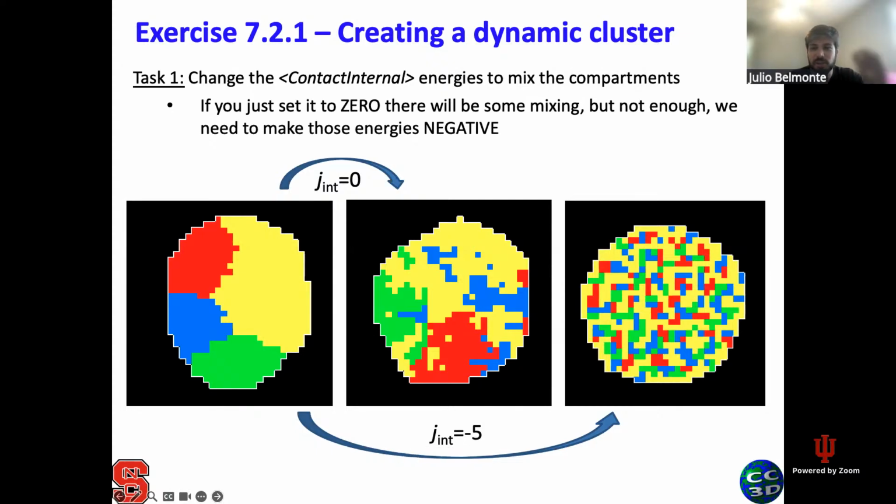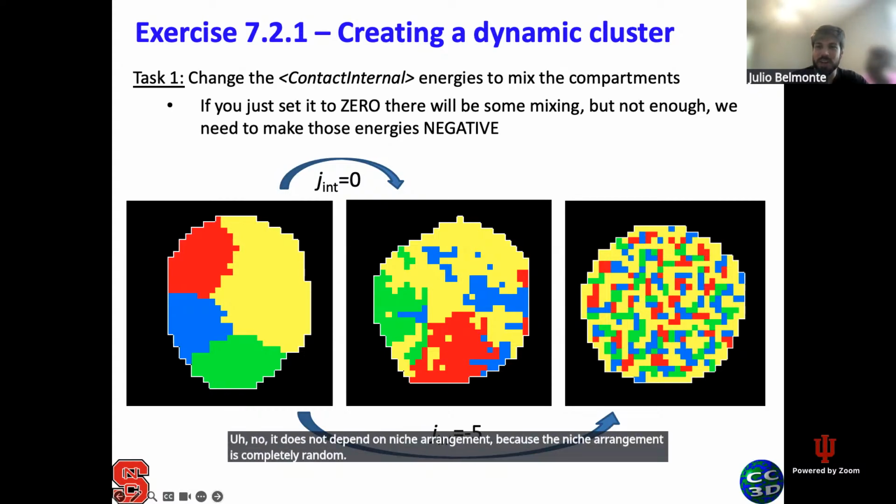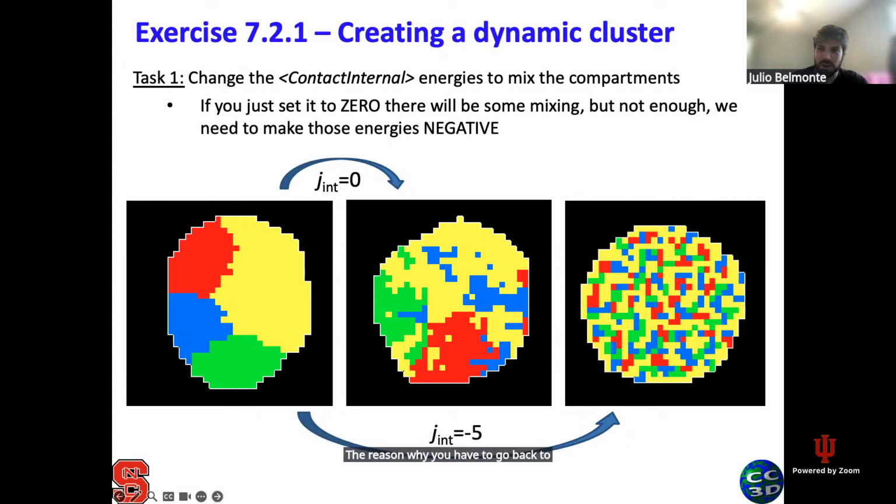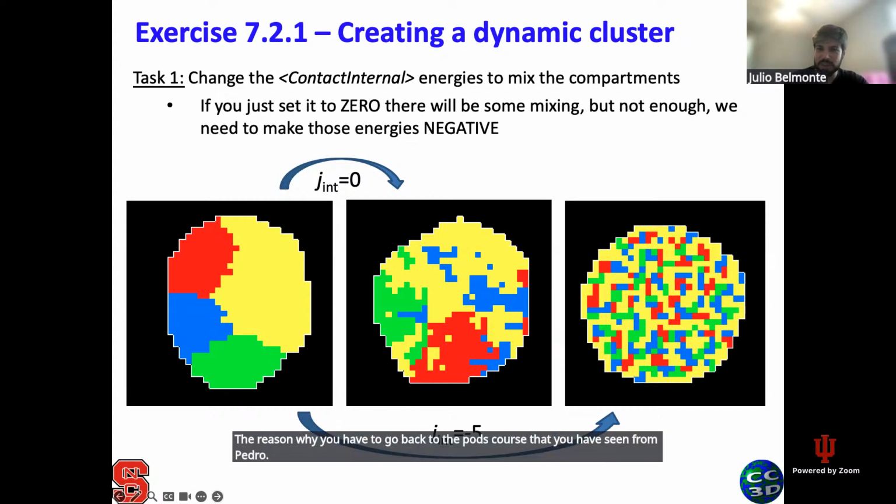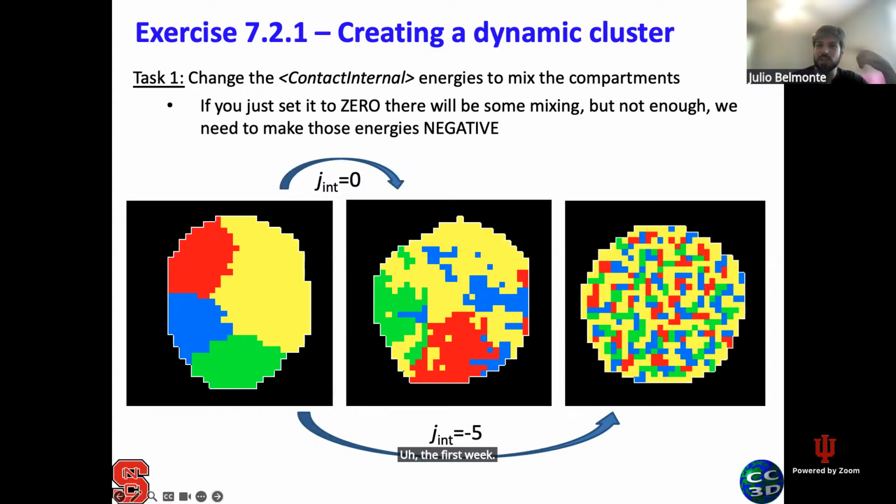The answer to that, you have to go back to the beginning. No, it does not depend on initial arrangement because the initial arrangement is completely random. The reason, you have to go back to the intro to Potts course that you have seen from Pedro the first week, is that the way that you grow pixels is by copying a pixel to another one that's next to it.